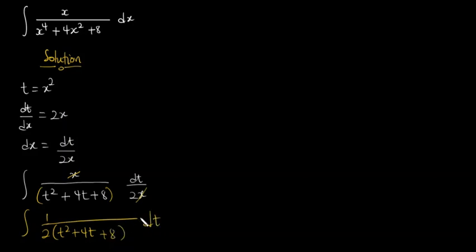This is what you have now. So you can factor out the half, and then we are going to have 1 over 2, the integral of 1 over t squared plus 4t plus 8 dt.